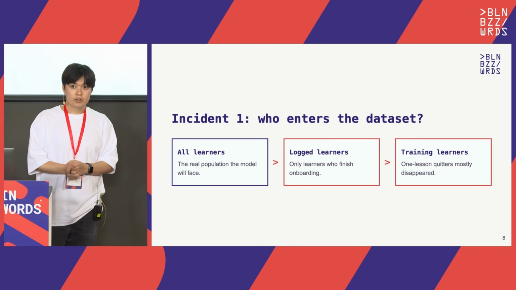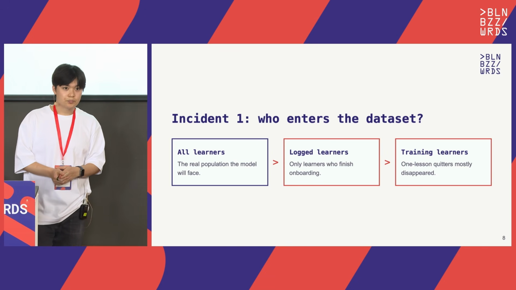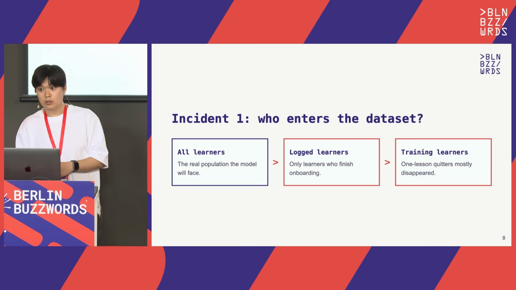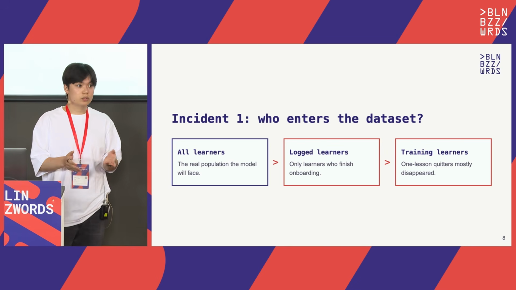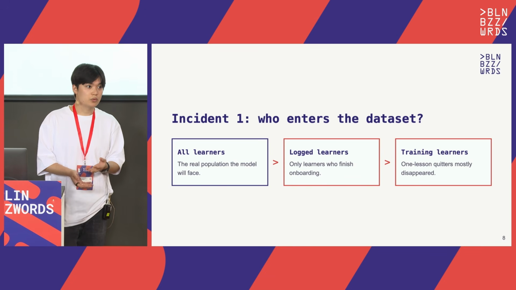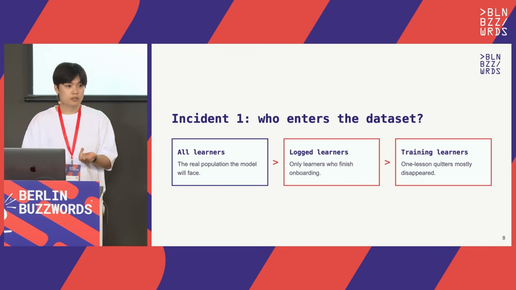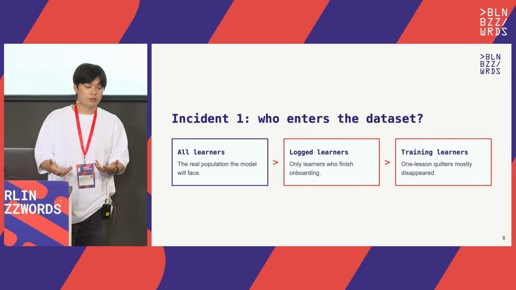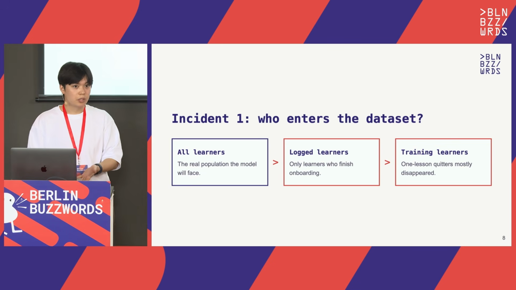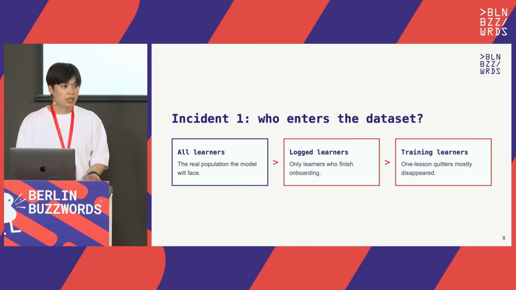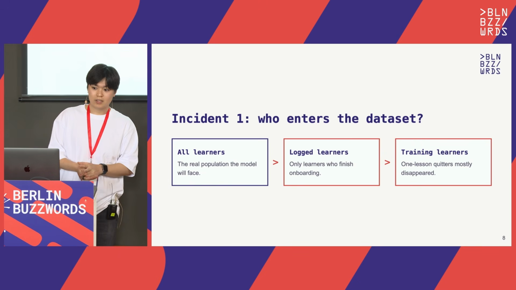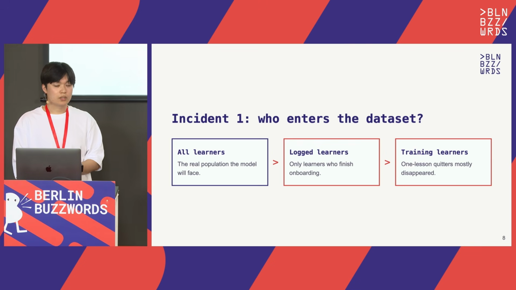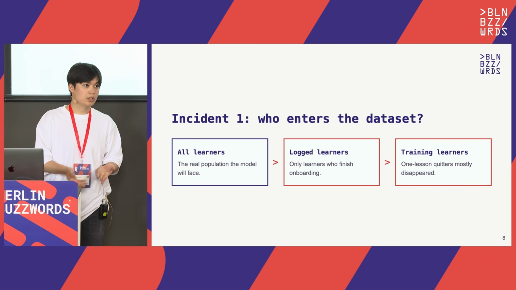Our analytics table was collecting users, however, not all of them, but only the users who produced enough events. They completed the onboarding, passed a few lessons, and generated enough events to appear in the analytics table. With the first attempt, we used the analytics table to train the model.